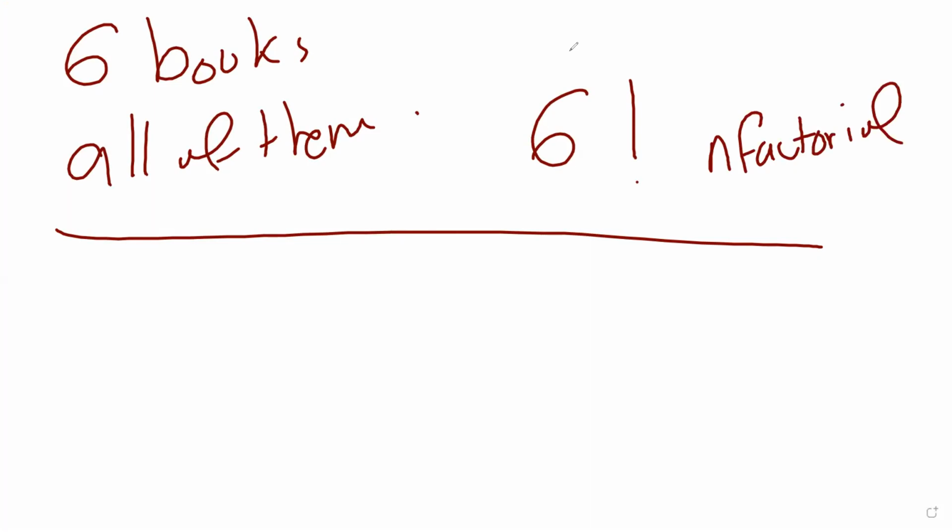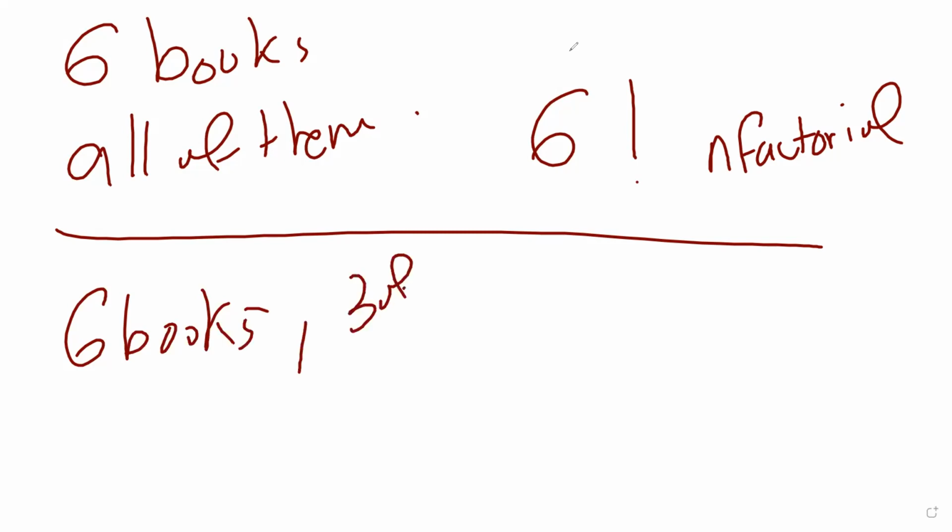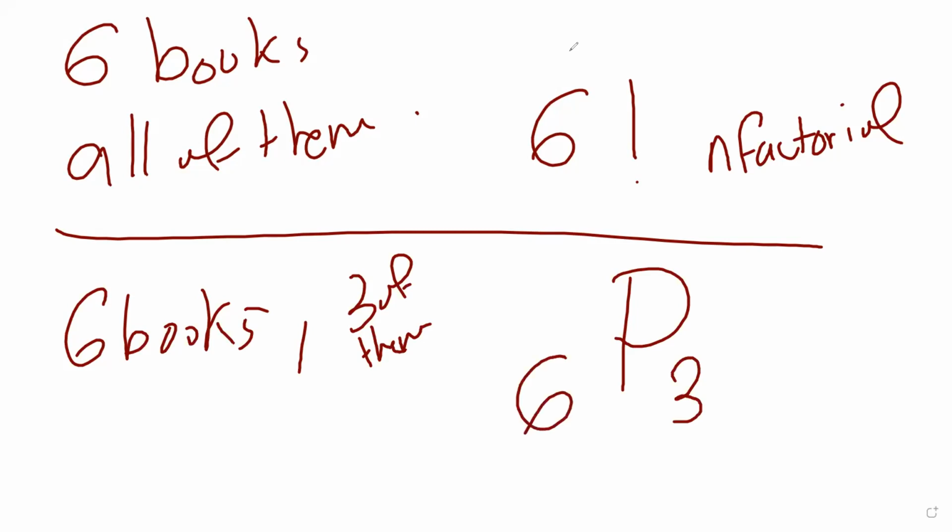But if I tell you now, you have 6 books and you want to read 3 of them, I specified a number of books you want to read. In this case, you have to use the permutation. You tell me, I want to read 3 books from 6. The formula is 6 factorial over 6 minus 3, which is 3 factorial.